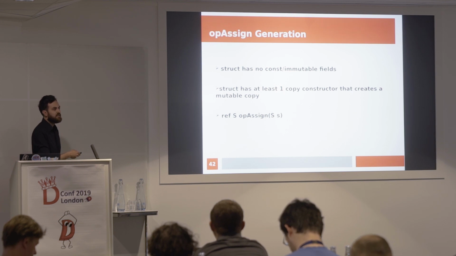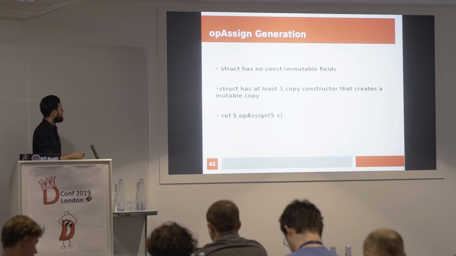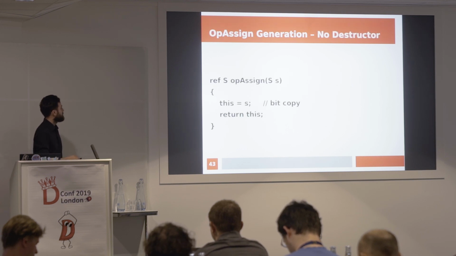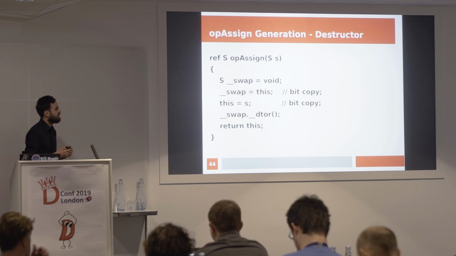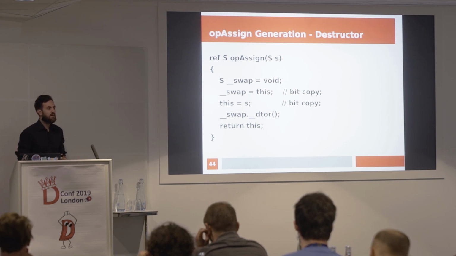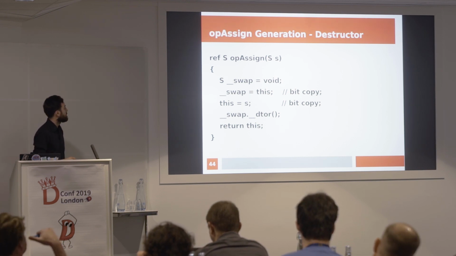So once op assign is going to get called, you would need to create this object, and then if you do not have a destructor, you can simply blit the contents of S to this and return it. If you have a destructor, things get a bit more complicated because you might be implementing reference counting and you need to implement the destructor.